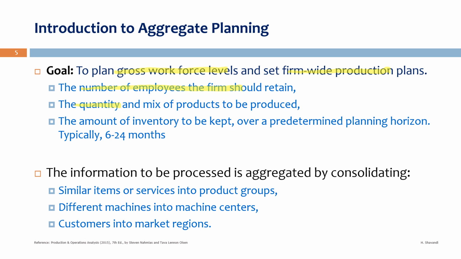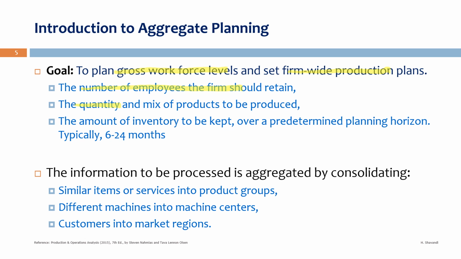So yeah, since it's an aggregate plan, we will actually plan for production. So in production of products, we need to talk about the mix and the quantities to be produced, and also the capacity. And here we are assuming the number of employees.